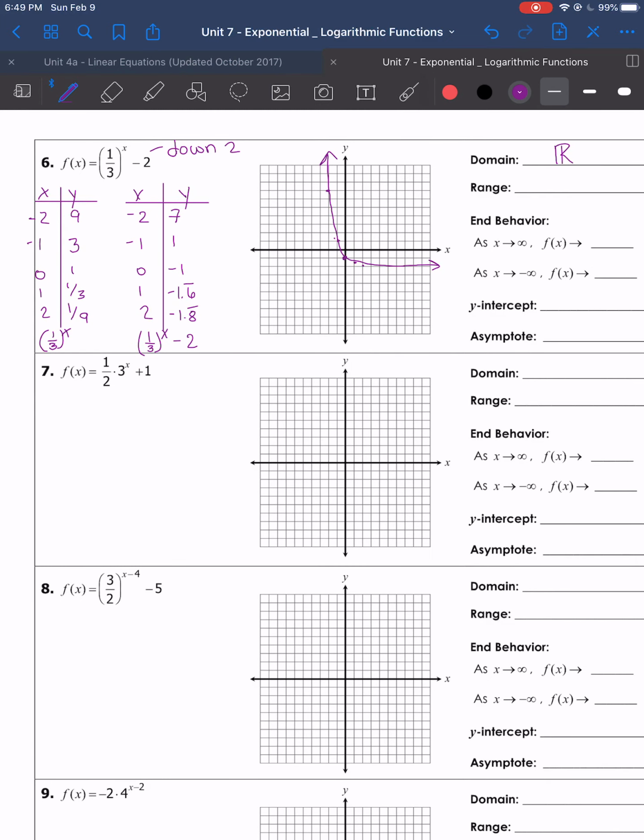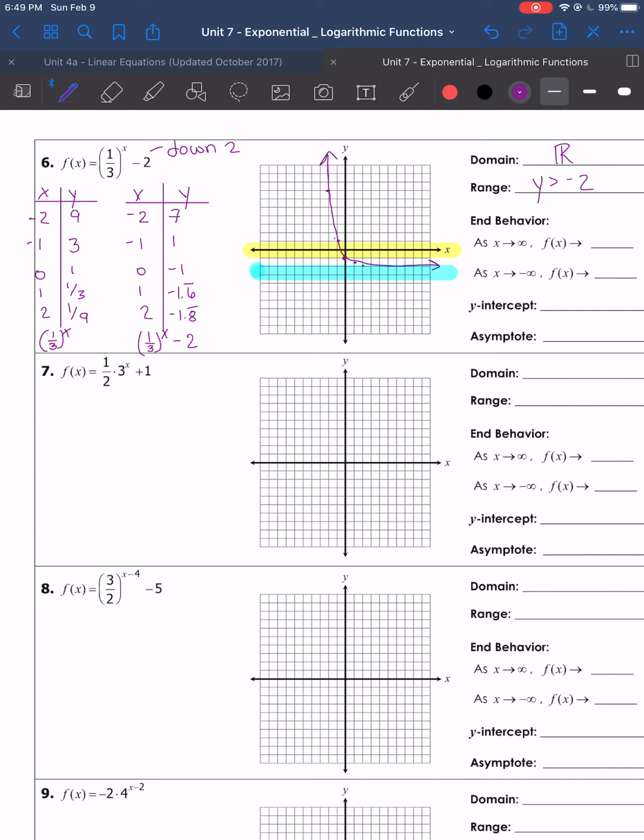Domain will stay all real numbers. Range is going to change because before we were on the x-axis, but now we're down here at -2. So y is greater than -2.